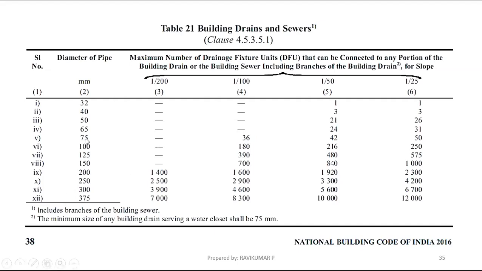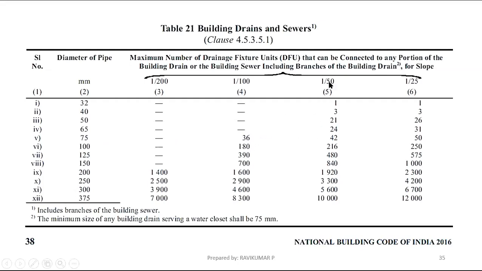So we will take 75 mm. For the 75 mm pipe, if we provide 1:100, you can connect 36 fixture units. Your branch fixture unit value should not be more than 36 fixture units.